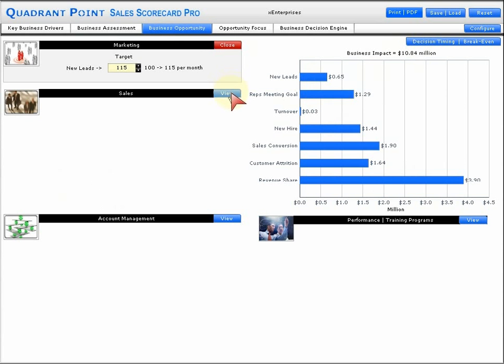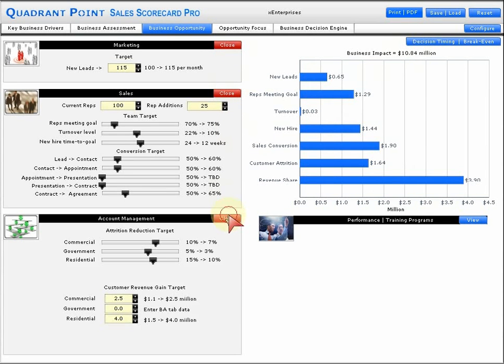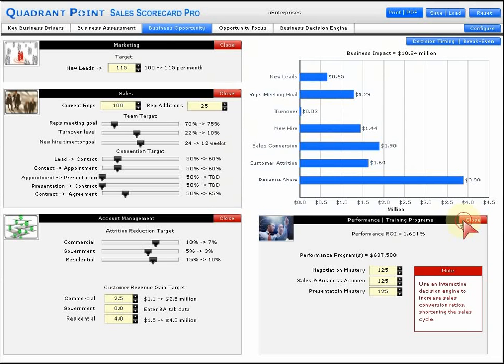Here, you get a quick opportunity to fine-tune that and look at individually what these would be, and what if you had sales programs that you could deliver to your sales team that could help you with negotiation mastery or sales and business acumen or presentation mastery. What would that look like to be able to deliver to the sales team?